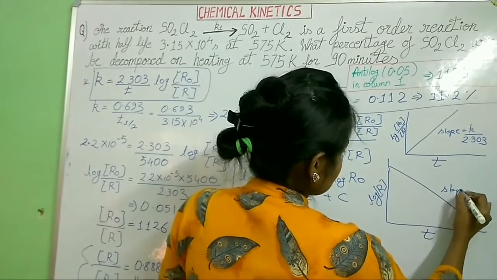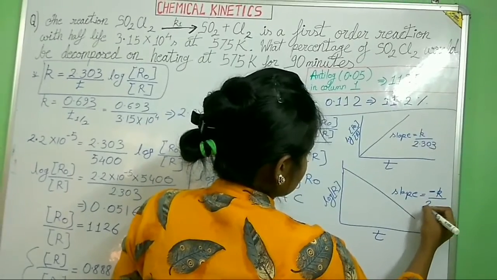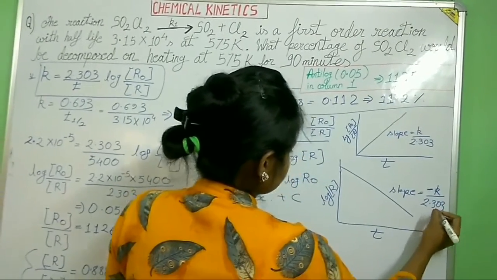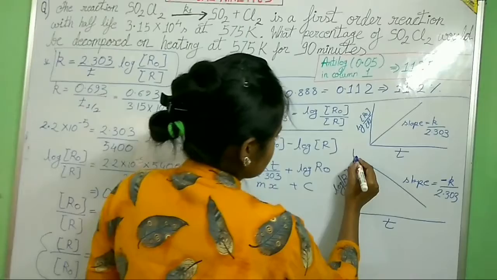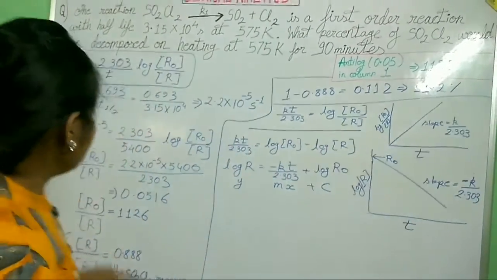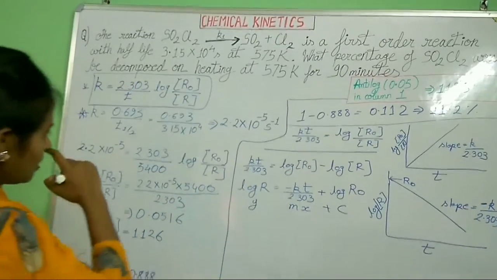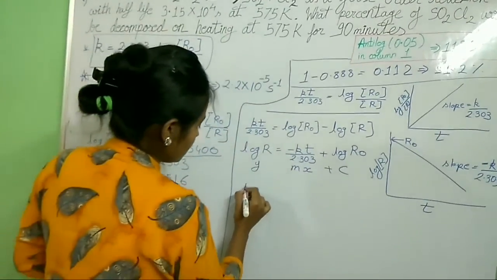Slope is minus k by 2.303, and what is constant here? This is log R naught. Okay, and here it is written k equal to 0.693 by t half. How to plot the graph for t half?